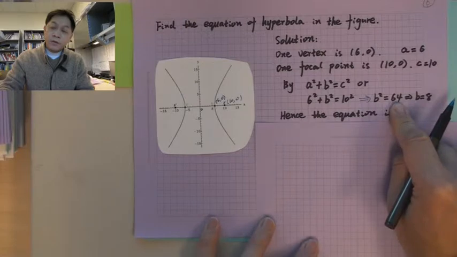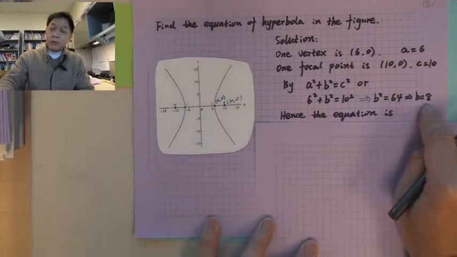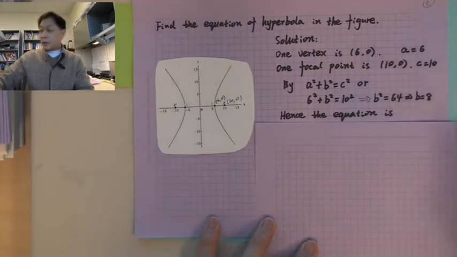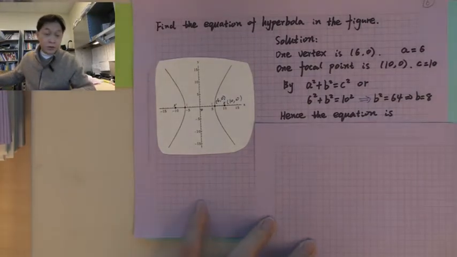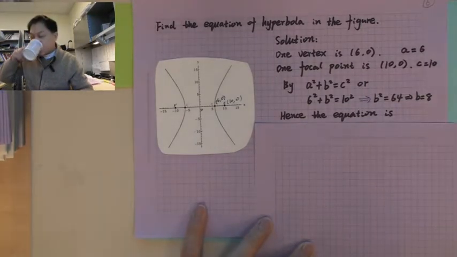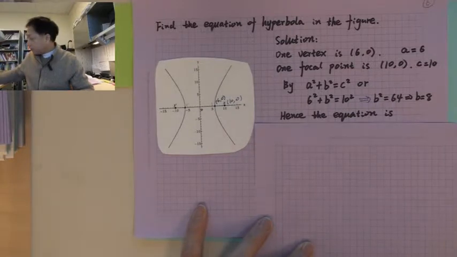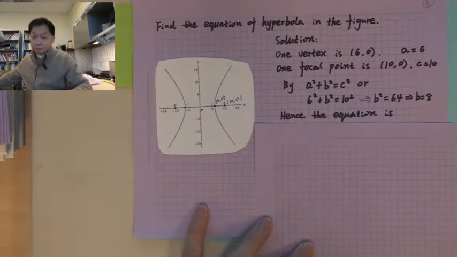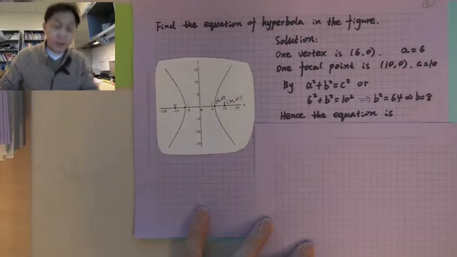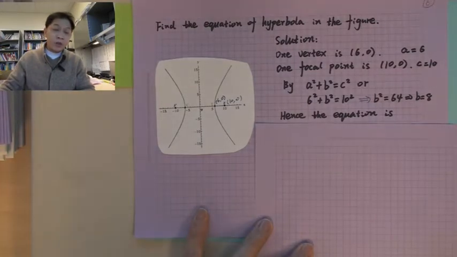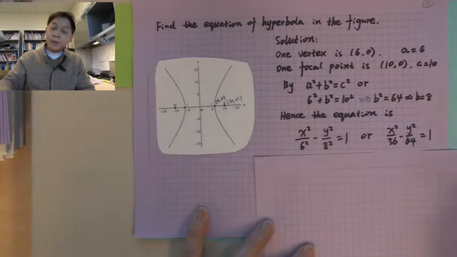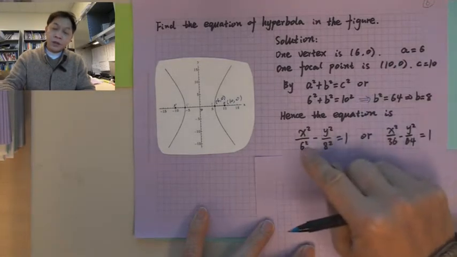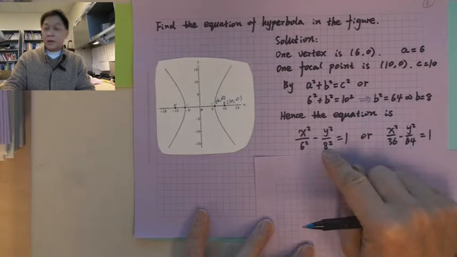Now, if you have B and you have A, then you should be able to write down the equation, because the foci and vertices we already know where they are. They're on the x-axis, so the coefficient in front of x squared should be positive. A is 6, B is 8.